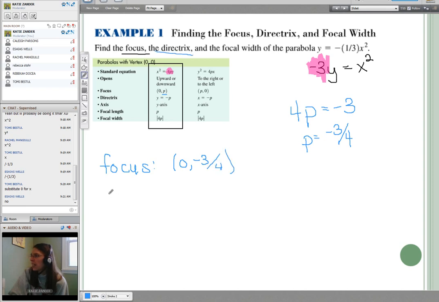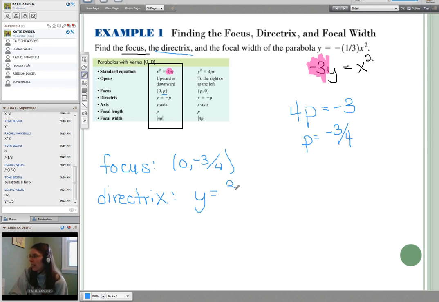The directrix is next. And again, for the directrix, remember we're doing y equals negative p, so a positive 3/4 or 0.75 if you like your decimals. And then the focal width was the last piece of information that it wanted us to find.